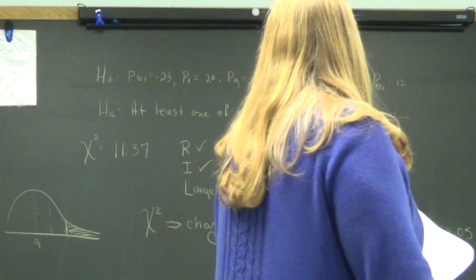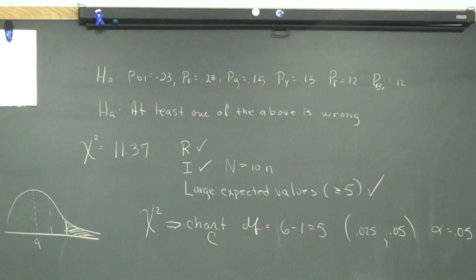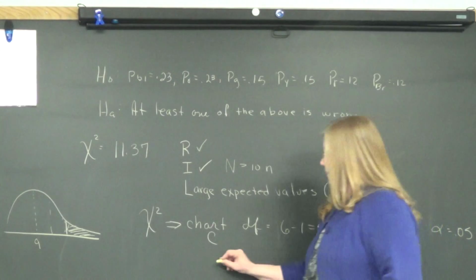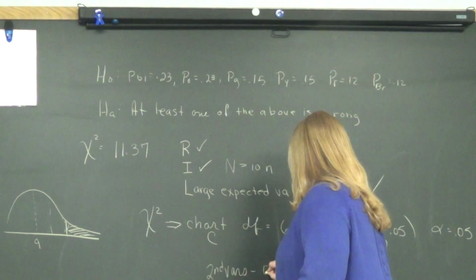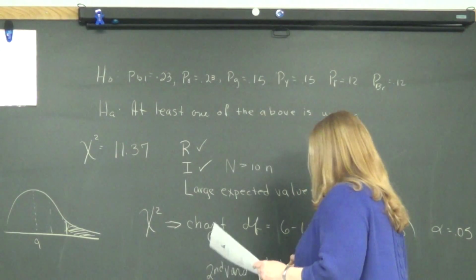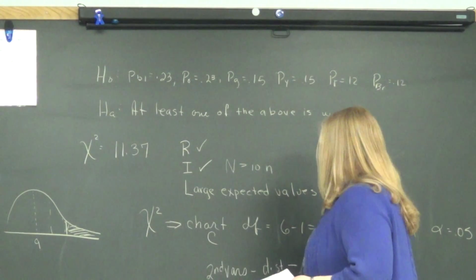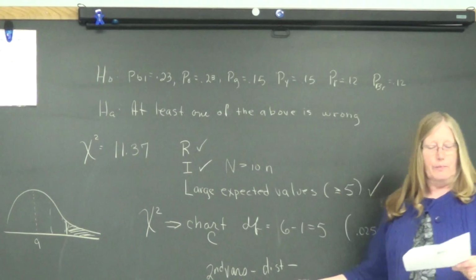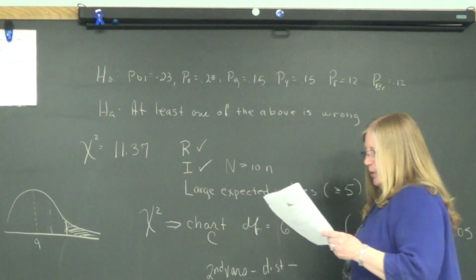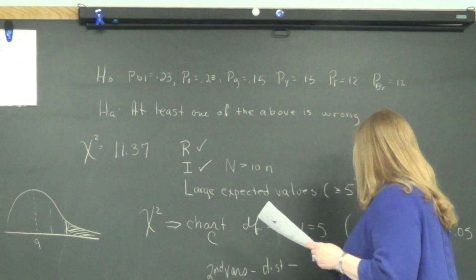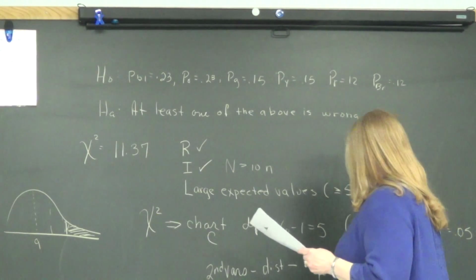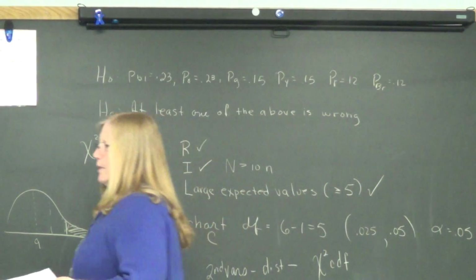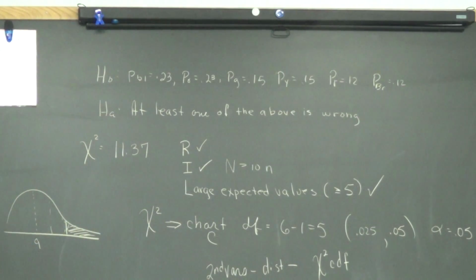We're going to try to get the same answer on the calculator by going to second DISTR, distribution. You see second distribution, and we're going to go to chi-squared CDF, cumulative distribution function, CDF.